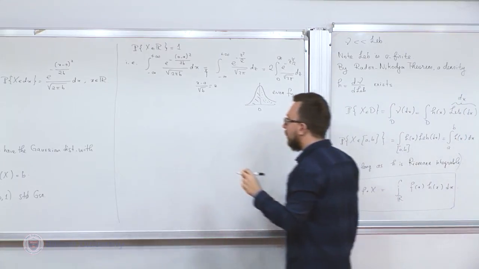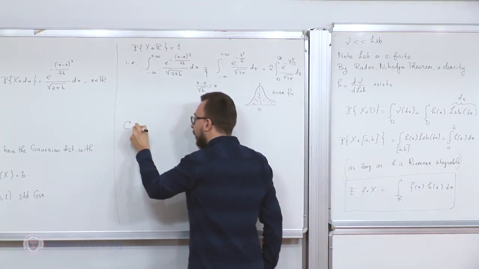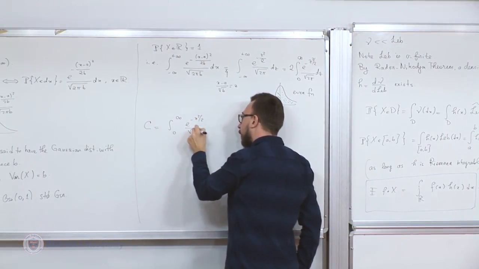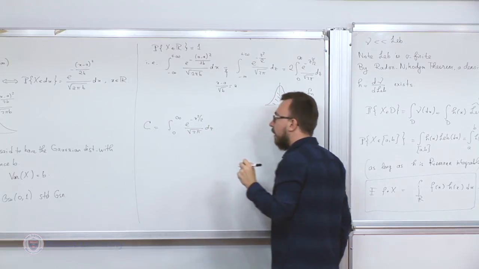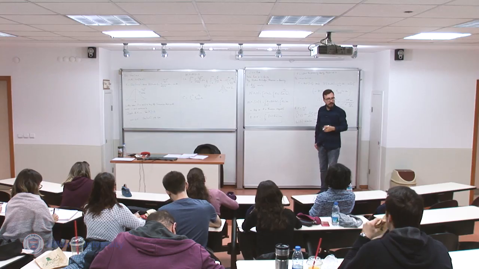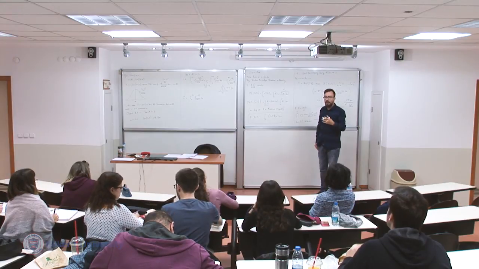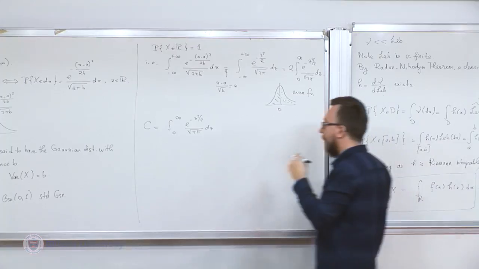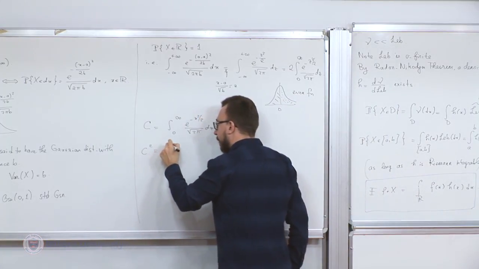So now let's look at this. Let's call it c, some constant, the integral from 0 to infinity of this. The trick is that it is not very easy to evaluate this integral by looking at this single integral. The trick is that you can square it and make it a double integral, and now it will become easier to calculate. So let's see why. So c squared is what?